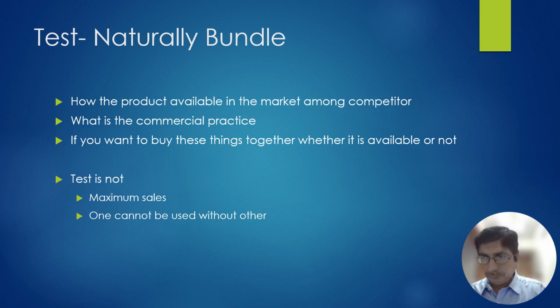For example, a mosquito repellent machine and a refill. Maximum sale may be of that liquid. But if you want to buy the machine and liquid together, whether among the competitors it is available or not, that is the deciding factor.